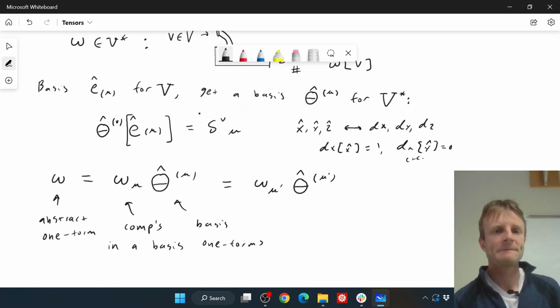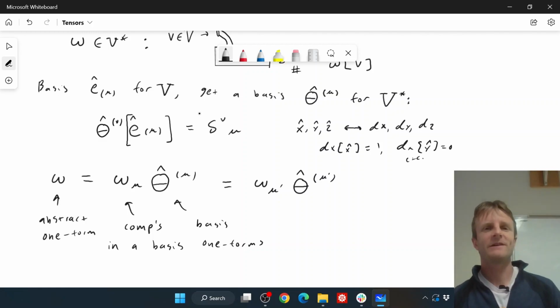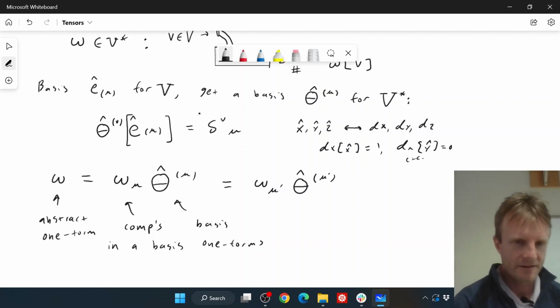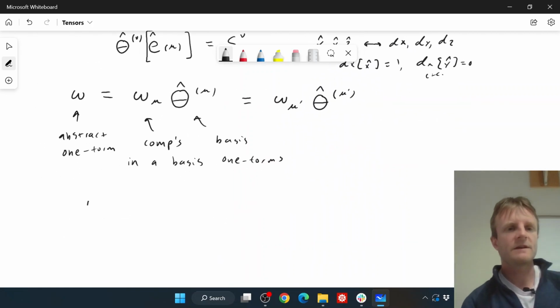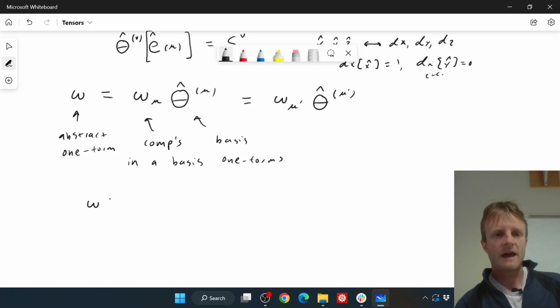Okay? And now the nice thing about using these two bases is we have a really nice formula for the action of a one form on a vector. And let's see that. So we have omega acting on some vector v, and we could resolve that in some basis.